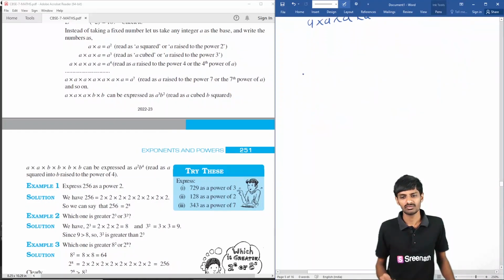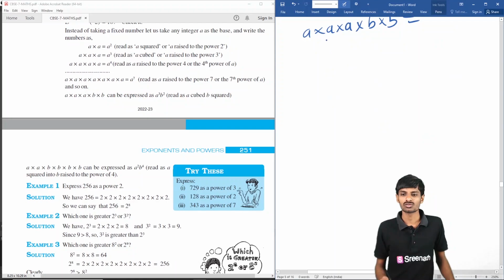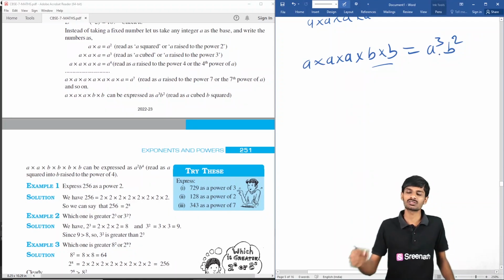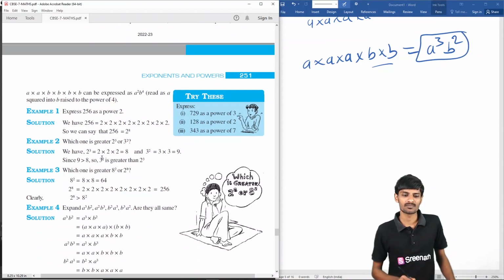And if there is a into a into a into b into b, how can you write this? There are 3 a's, so we write a cube, and there are 2 b's, so you can write b square: a cube b squared, or a power 3 b power 2. So this is the way of representation.